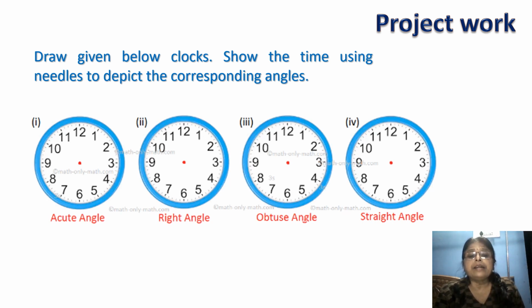Then right angle, then obtuse angle, then straight angle. So draw the needle of the clock in this way, then such a type of angle is formed. So I think now the concept is clear and you can do the homework easily. Okay, do all your work and have a nice day.